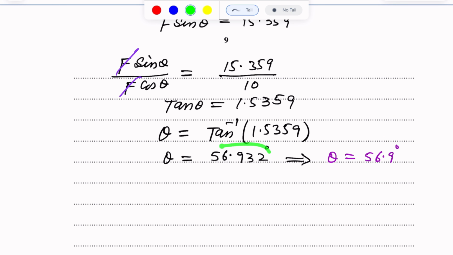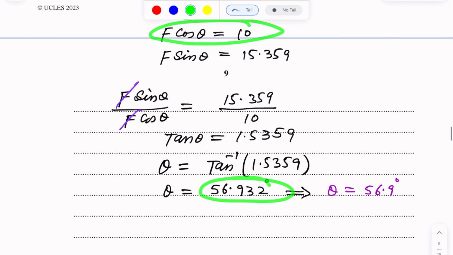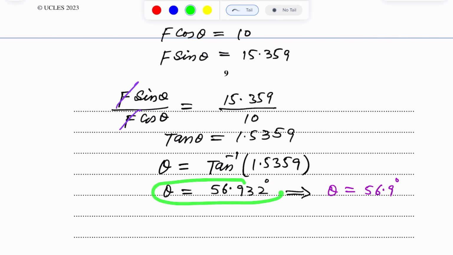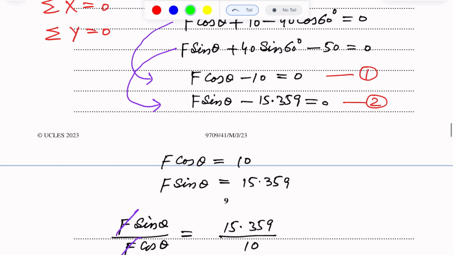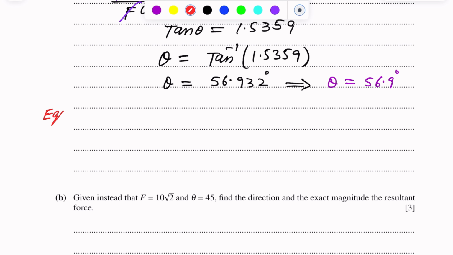Now we will put this value of theta in any equation. We are putting the value of theta not as the rounded figure, but to three decimal places, in equation number one. We get F cos theta is equal to 10. From here, F is equal to 10 over cos theta.